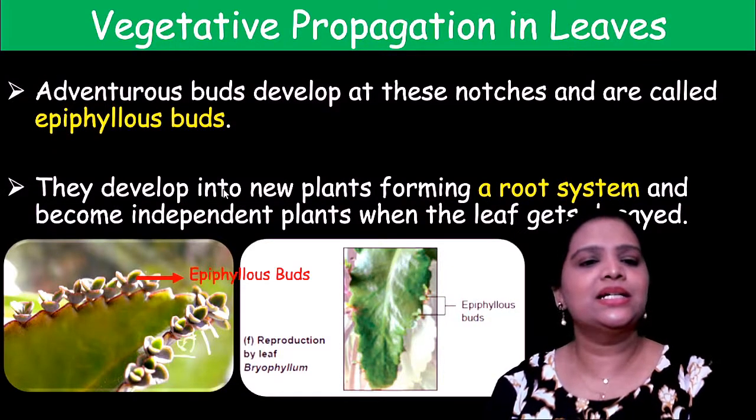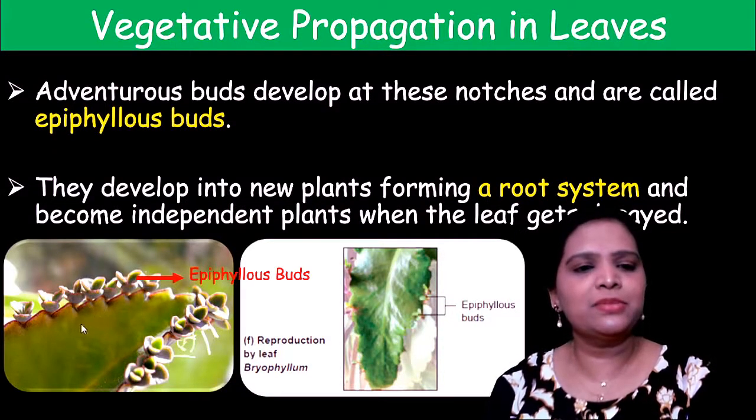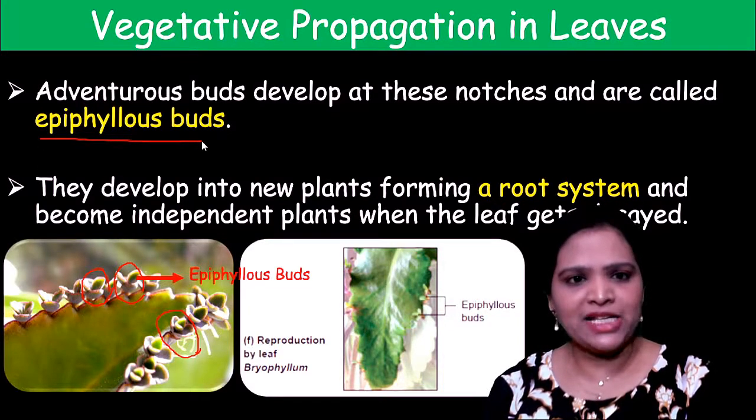So let us see the structure a little bit closer. This is the leaf of Bryophyllum. On its margins, we could see these small buds. These buds are called epiphyllous buds. These epiphyllous buds have a root system.